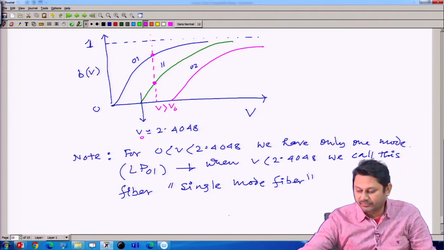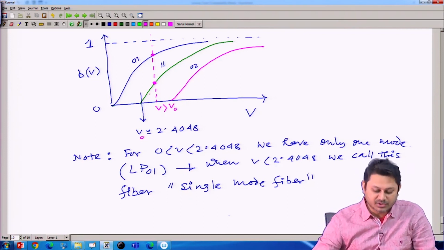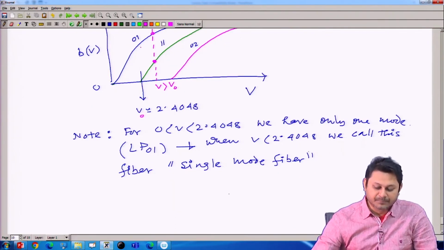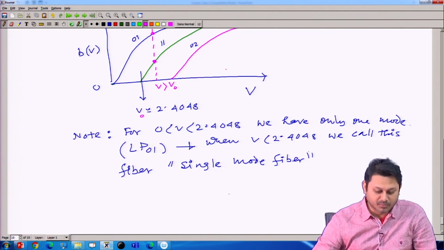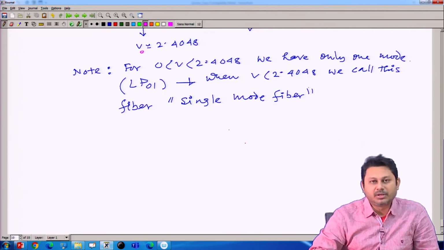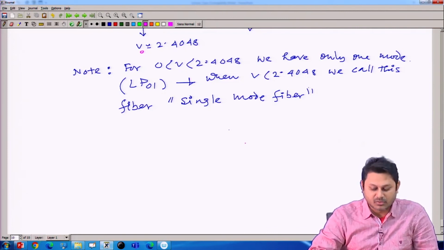So V0 is a cutoff value for which I am only having one fundamental mode. This is called the fundamental mode, and if I increase the value of V, I am basically getting more and more number of modes. When I am having only one mode for a fiber, then this fiber is called the single mode fiber, which is a very important component, especially for communication. Normally, we like to have a fiber which can only support one mode.